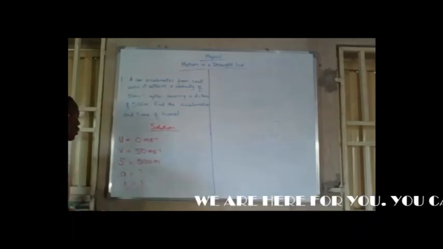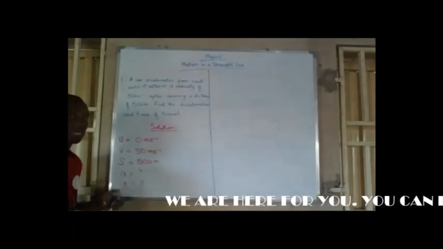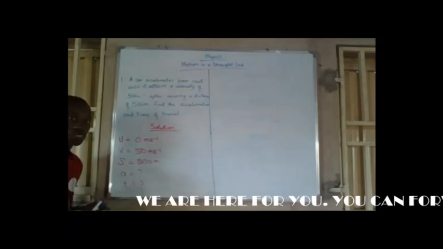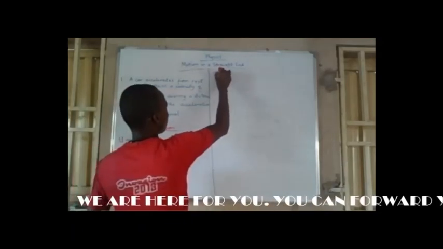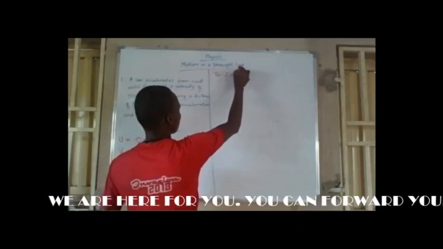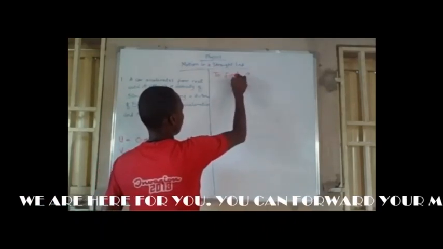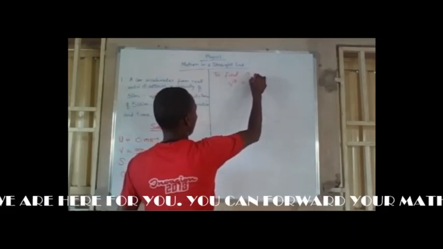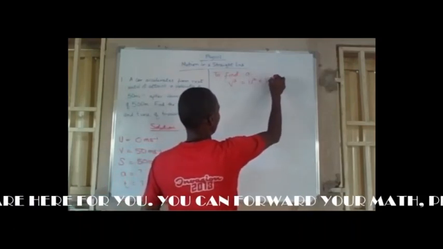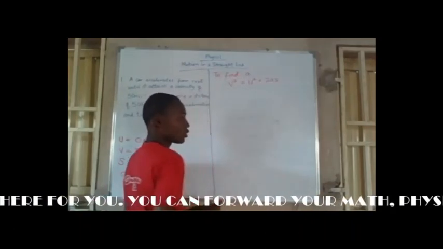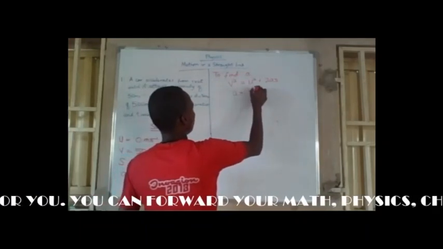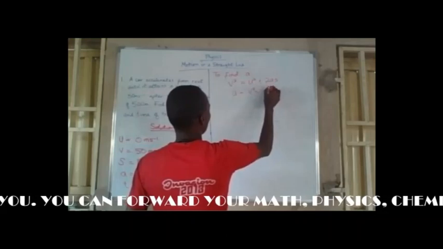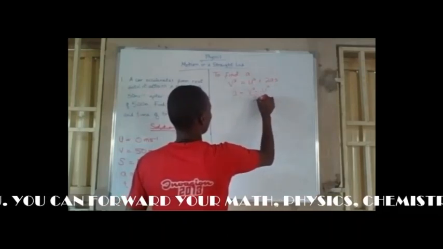To find the acceleration, first we need an equation that eliminates time, an equation that does not contain time. That equation is v squared equals u squared plus 2as. If we make acceleration the subject of the formula, acceleration will be v squared minus u squared all over 2s.